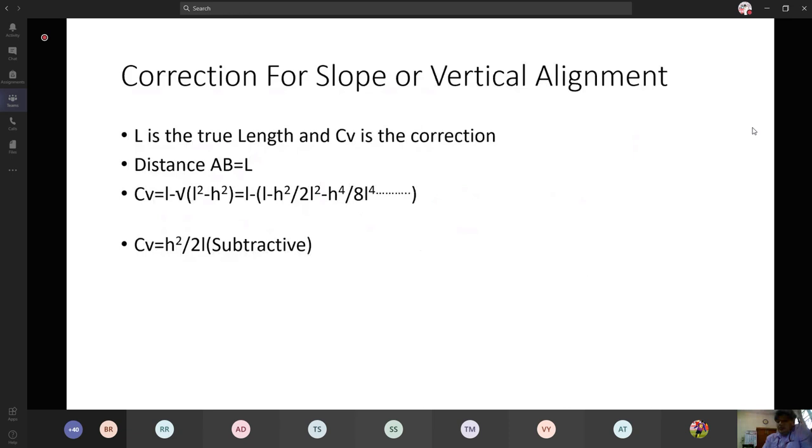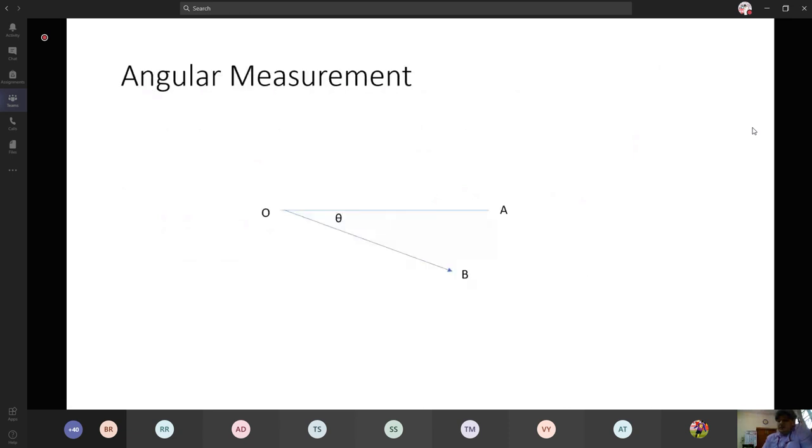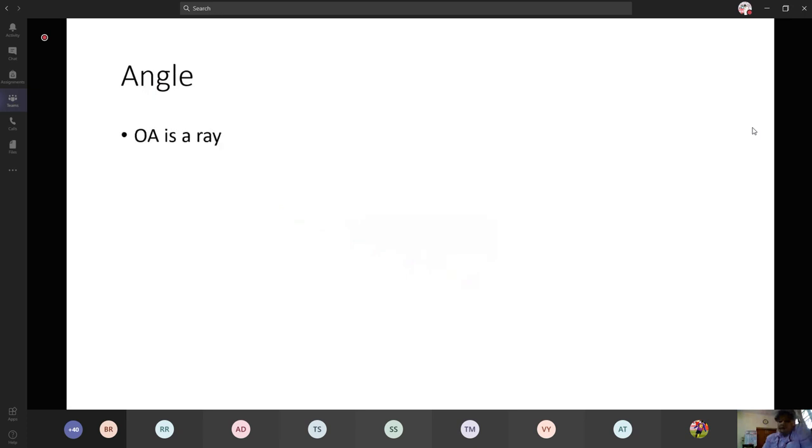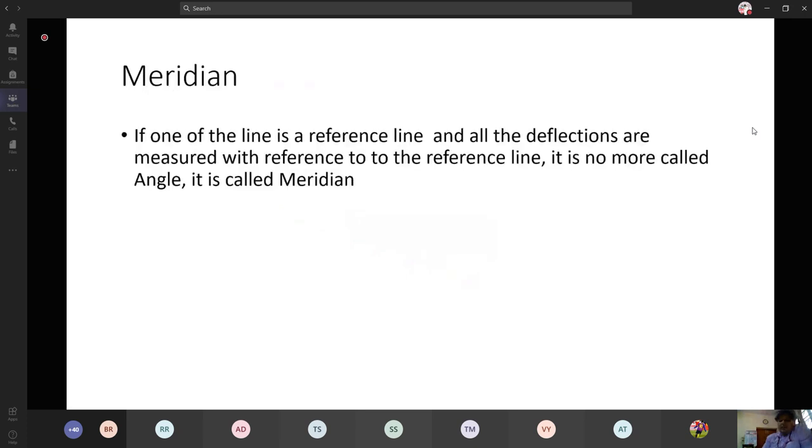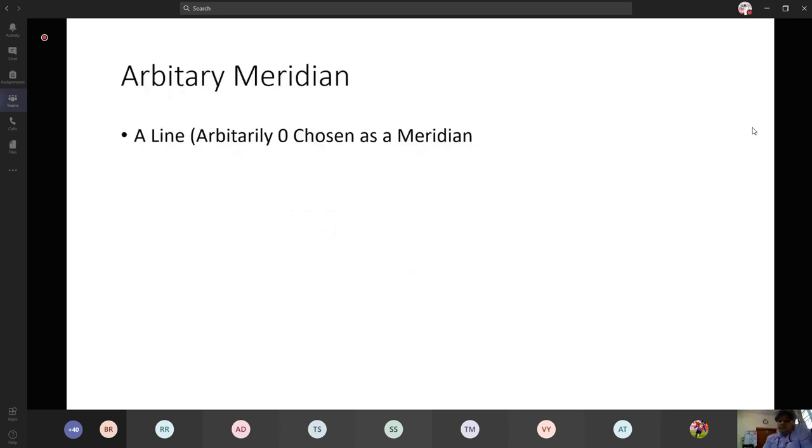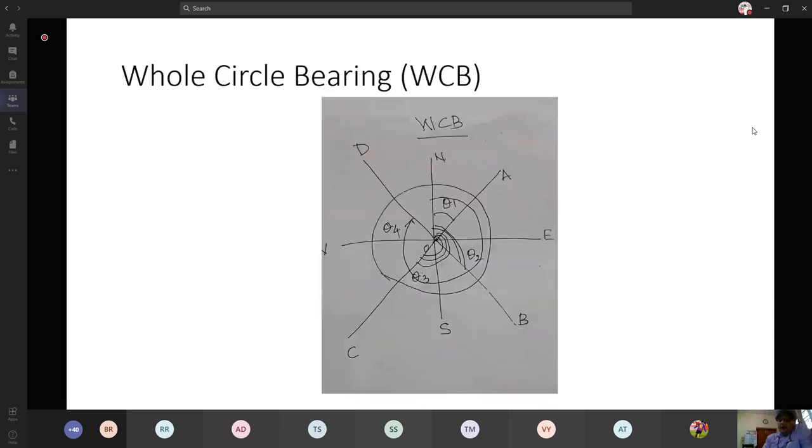This is what you have learned in your earlier classes. So for a pentagon, n equals 5. What is the sum of the internal angles? So 540 degrees.